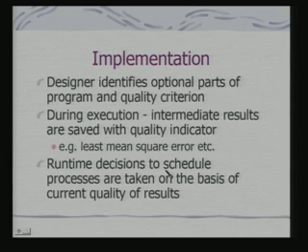And runtime decisions to schedule processes are taken on the basis of the current quality of results. That means the scheduler looks at the quality of the results, and on the basis of that, it decides whether this can be further scheduled or not. If there is some kind of slack window available, it will schedule the job once a particular quality is reached. So, what you find is, depending on the job mix, the quality of the result can actually vary.